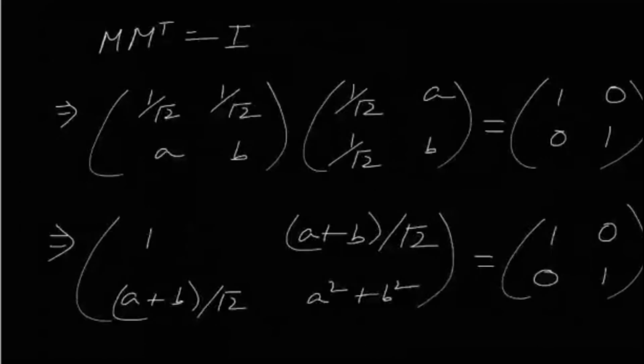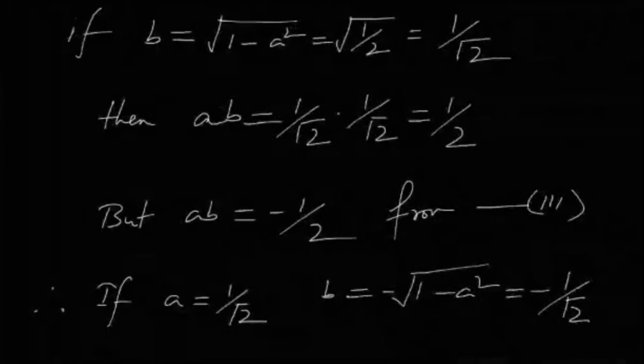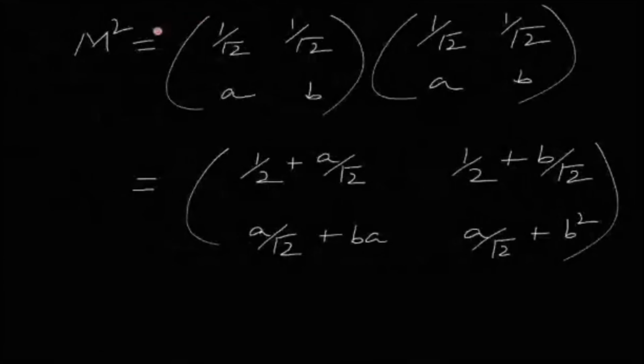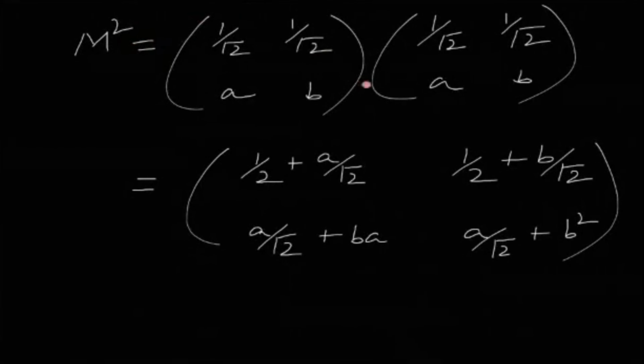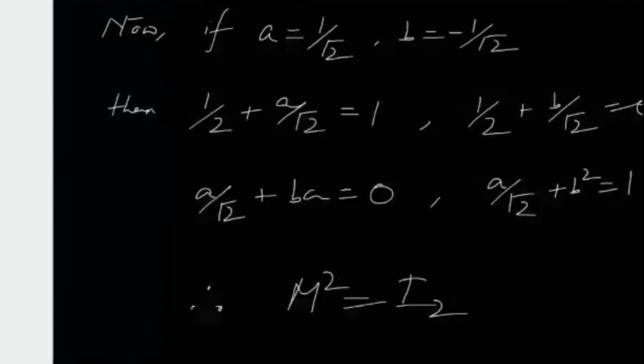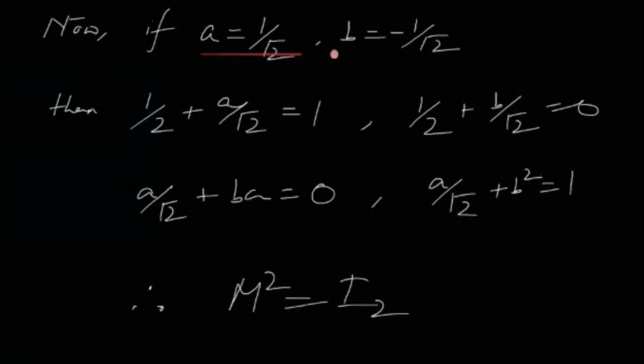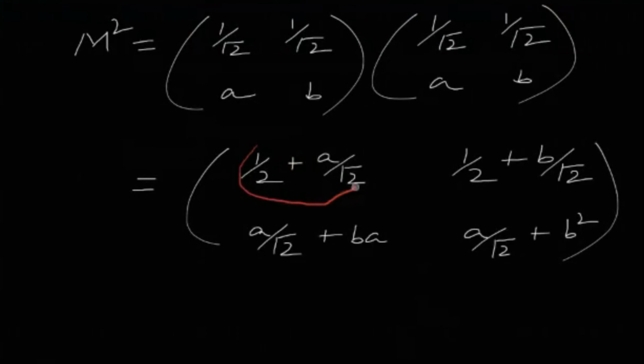Similarly, the last option, M square equals I. Let us check M square, which is just M into M. If a equals 1 by root 2 and b equals minus 1 by root 2, then every term works out: this entry becomes 1, this becomes 1, and these two terms become 0.